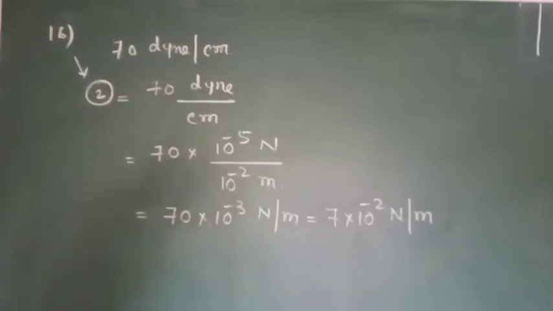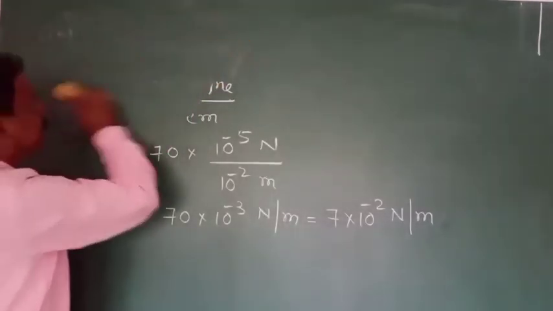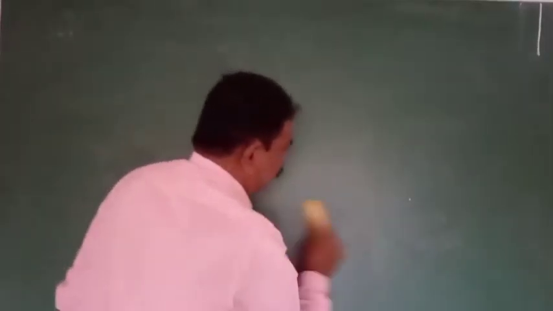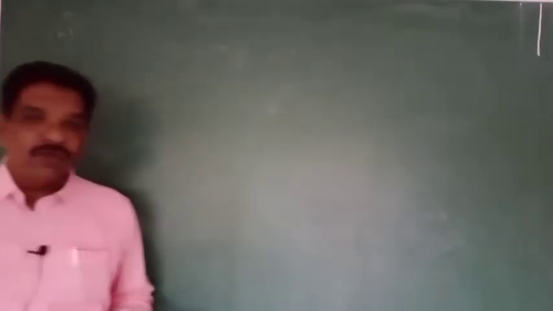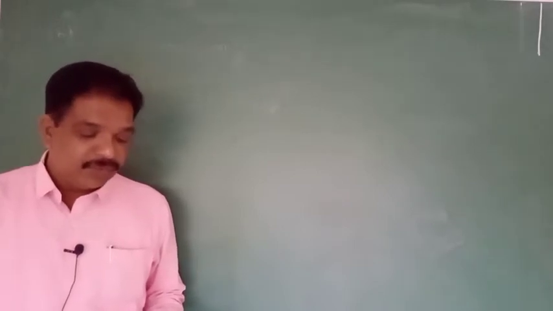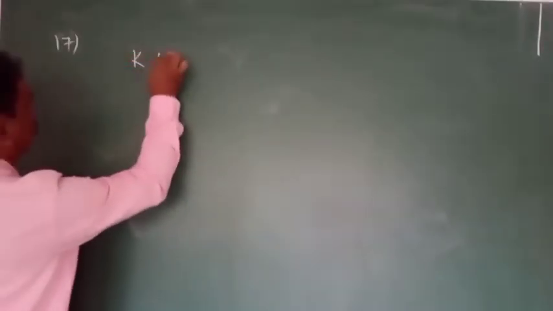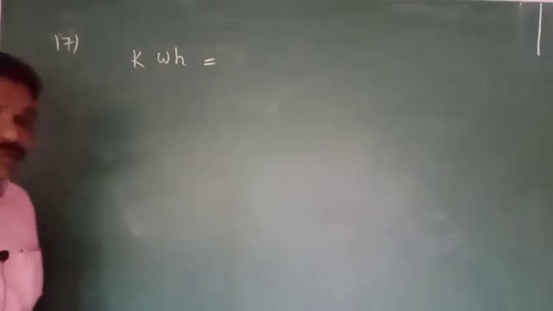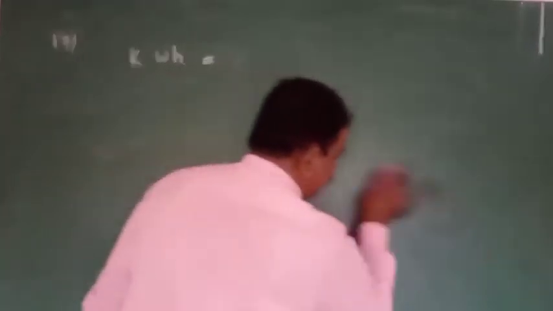Next, see the 17th question. What are they giving? Kilowatt hour, kWh means kilowatt hour, that is the unit of... Actually 1 kilowatt hour is equal to 36 into 10 power 5 joules.